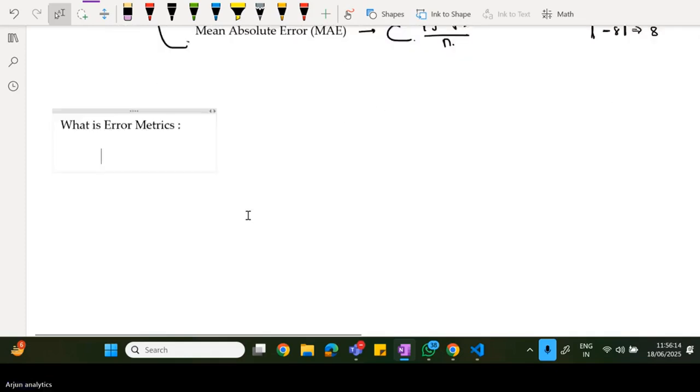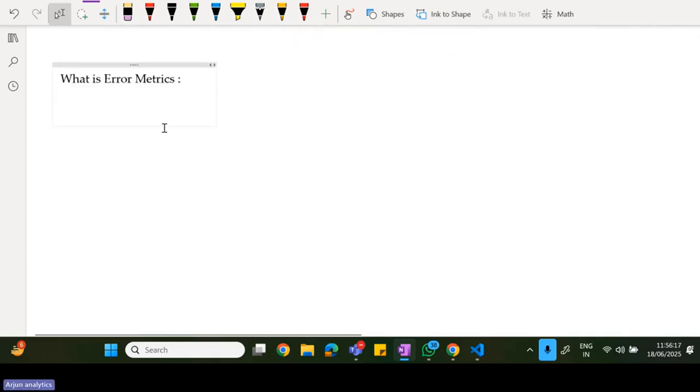Now, how to measure it? So how to define it?